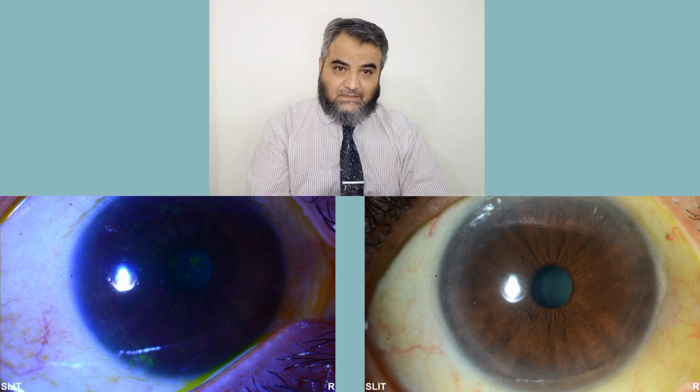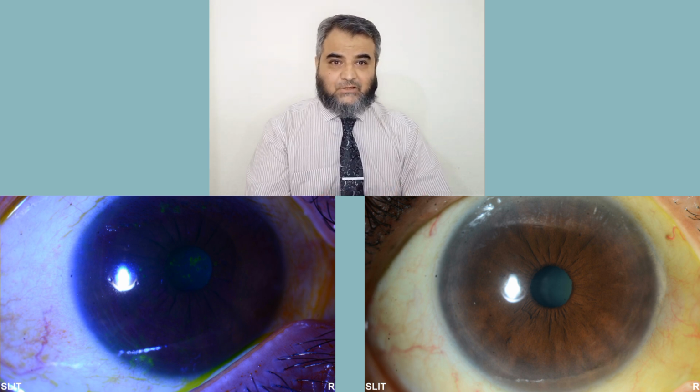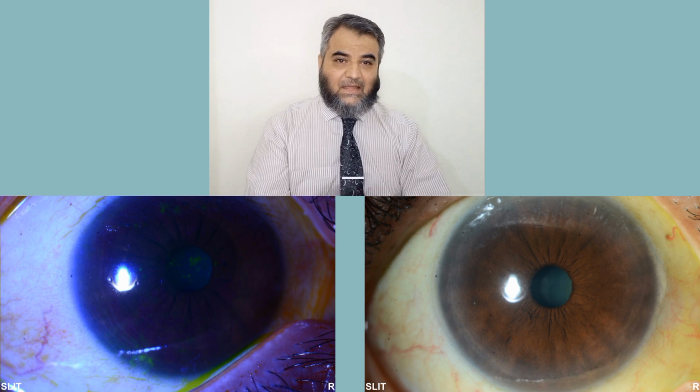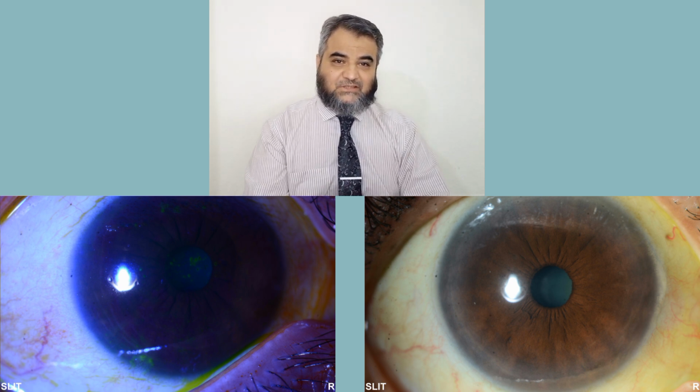But in dry eyes, when the 90% aqueous part of the tear film is disturbed and there is also evaporation, the line becomes concave and its height starts decreasing.